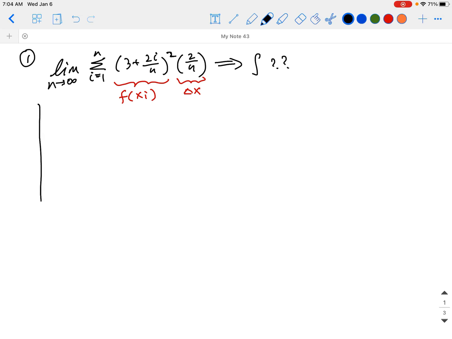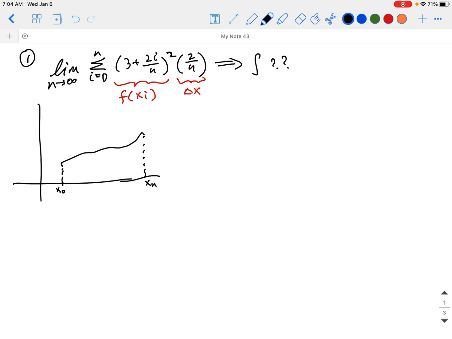So let's suppose we still don't know what our function looks like, so we're just trying to generalize. Let's say that our function looks like this. We need to figure out where it is at each point. Our first point is going to be our left endpoint, which would be x of 0. And then our right endpoint is going to be x of n.